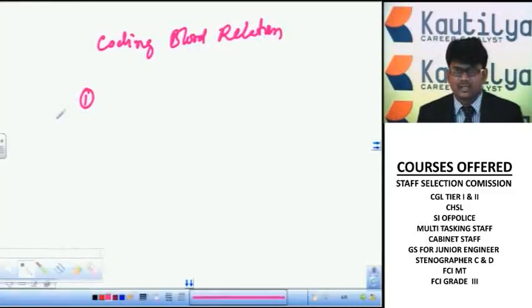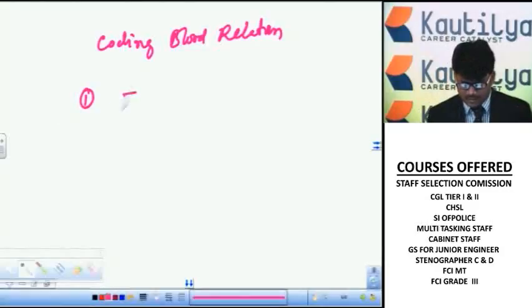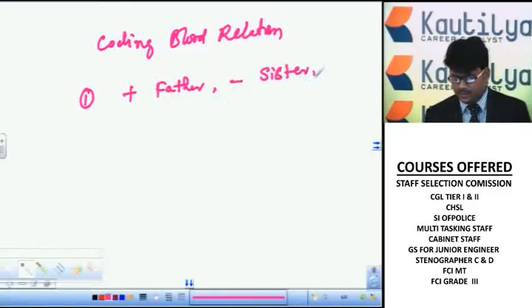The given question is here: plus symbol denotes father. Next, minus symbol denotes sister. Divided by symbol denotes daughter.